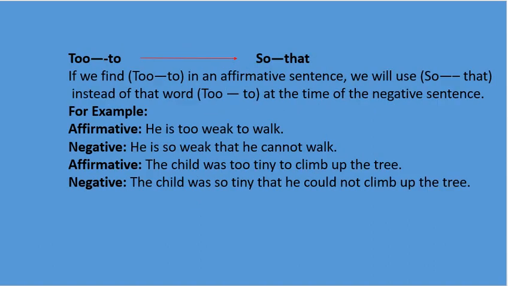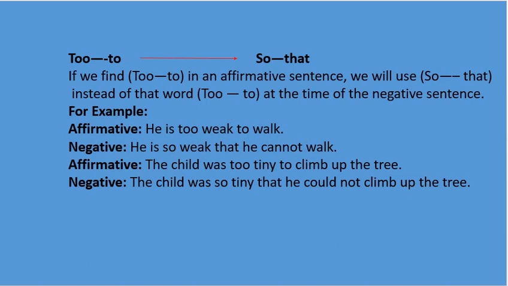Too, to: so that. If we find "too" and "to" in an affirmative sentence, we will use "so that" instead of that word "to" at the time of the negative sentence.